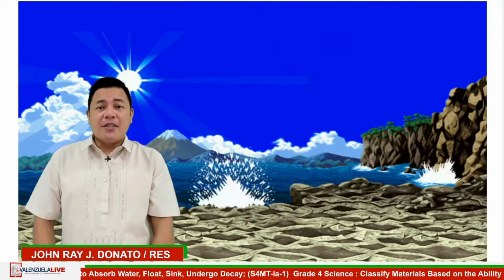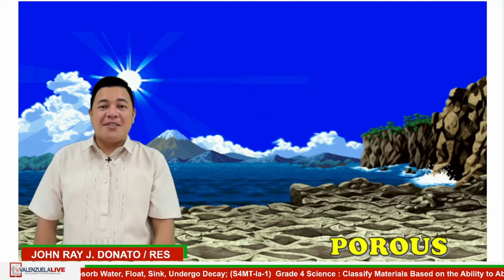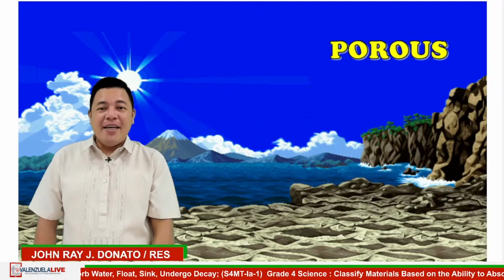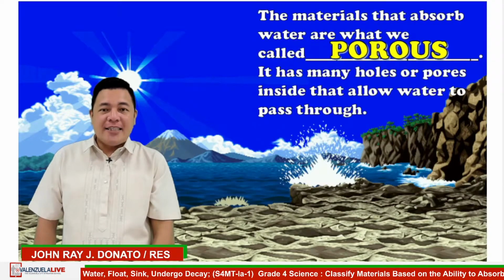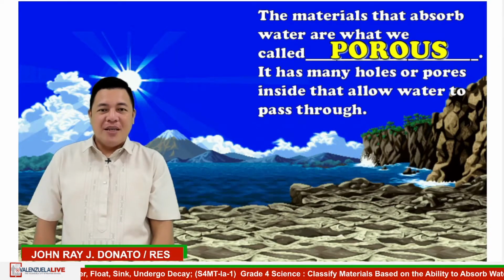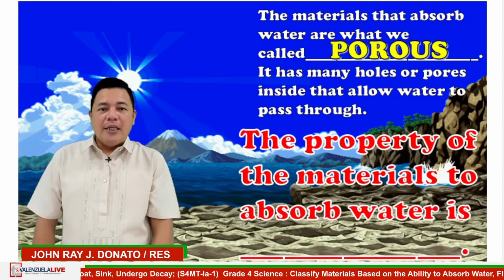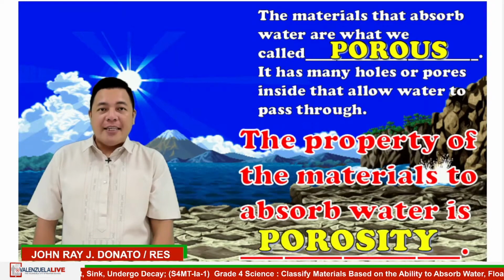And the materials that absorb water are what we call porous materials. It has many holes or pores inside that allow water to pass through. The property of the materials to absorb water is what we call porosity.